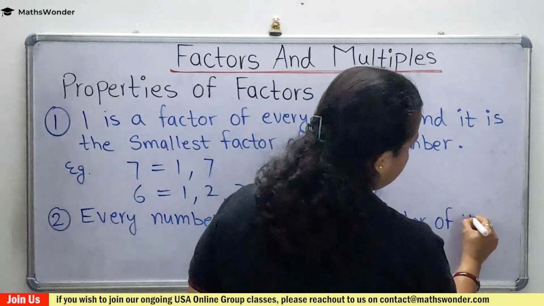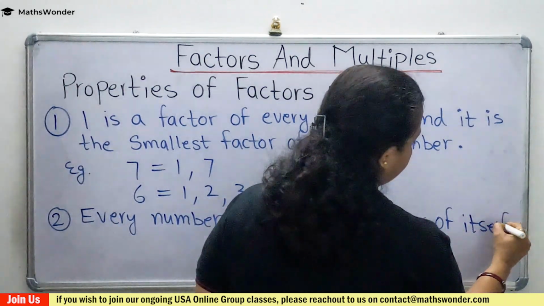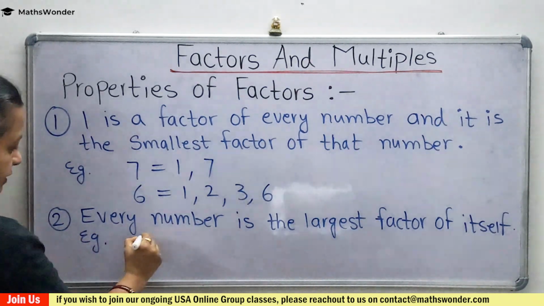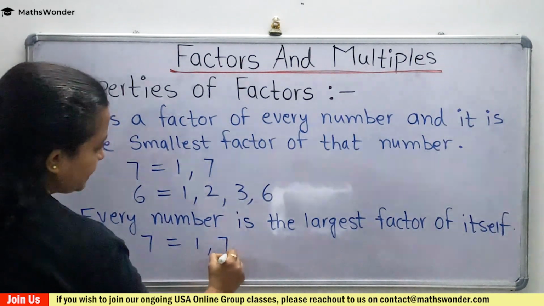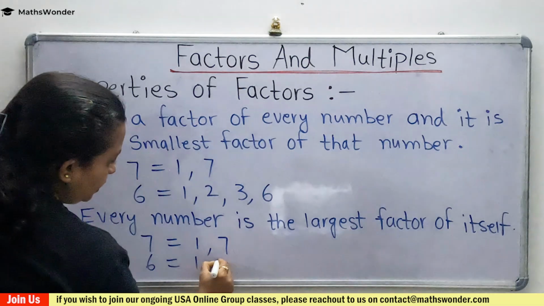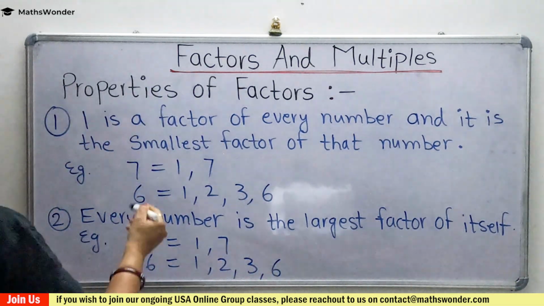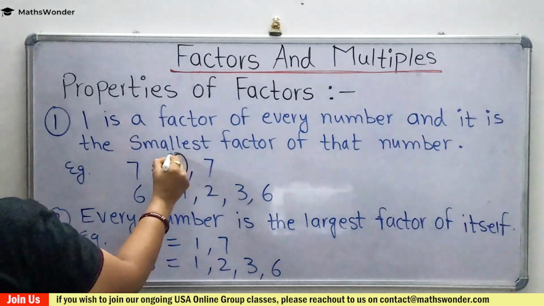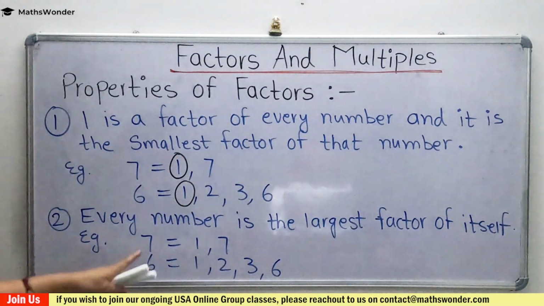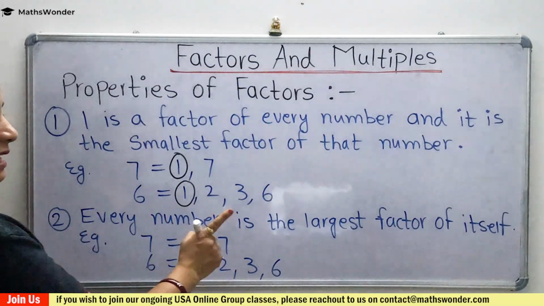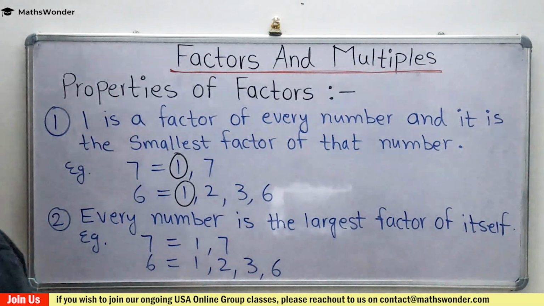Let's see the example. Same example I am taking here. Suppose 7. So 1 and 7. 6: 1, 2, 3 and 6. Now you can see it here. In 7 we have 1 as the common factor, the smallest factor. And same, every number is the largest factor of itself.